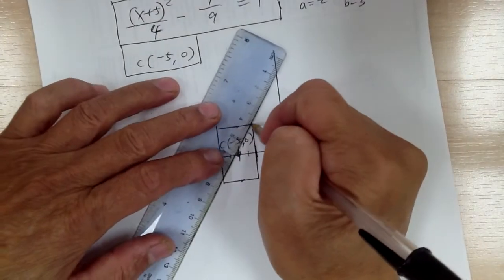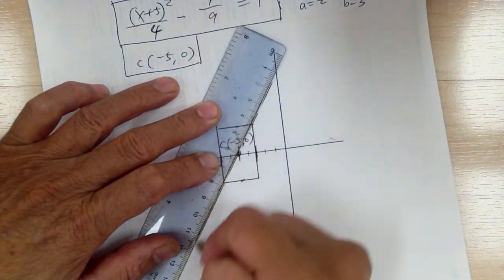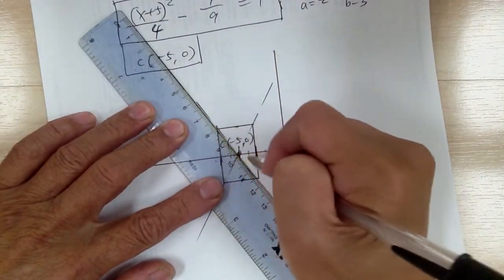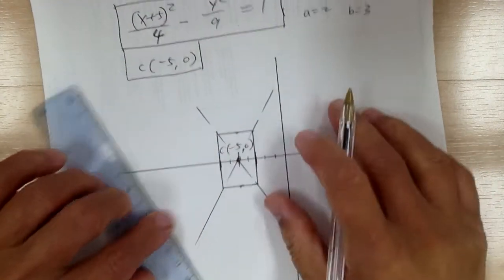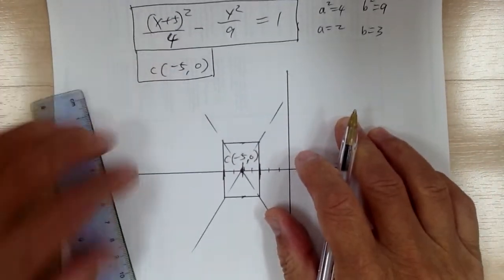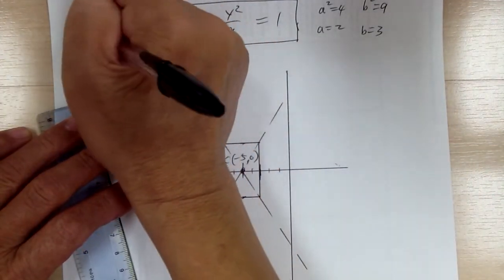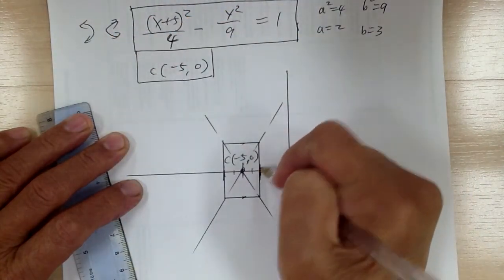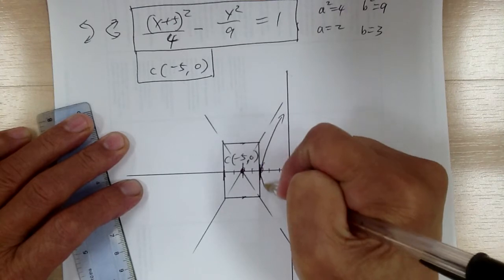Okay, get your asymptotes. Now over here the x comes first, so the graph is going to be in the x direction. So again, x comes first, so it's going to be in the x direction, so your vertex will be over here.